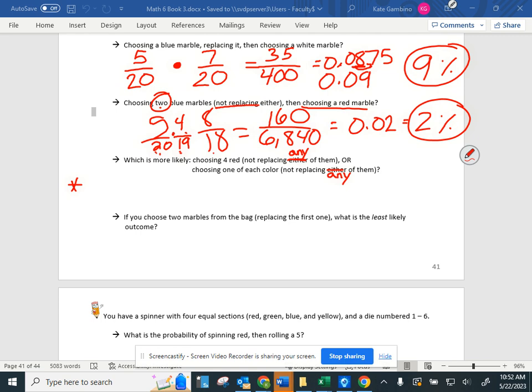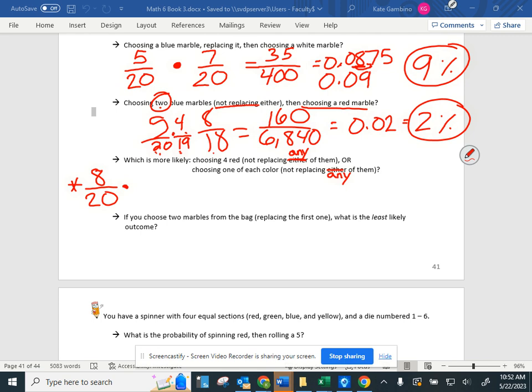So what's my first event going to be, Gigi? Which would be what? There are 8 red marbles in my bag of 20 marbles. So now I have my next event. I am not replacing that red marble.